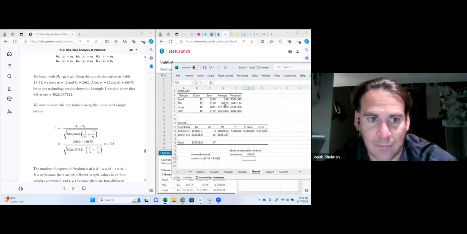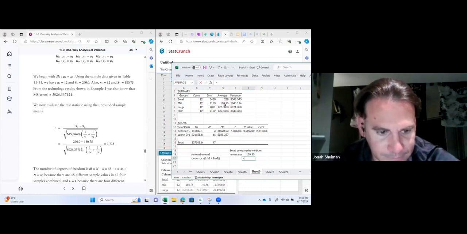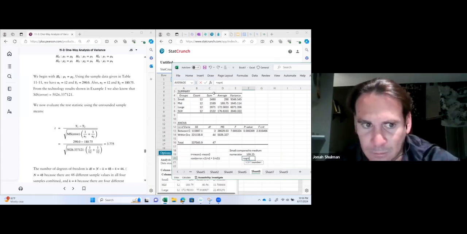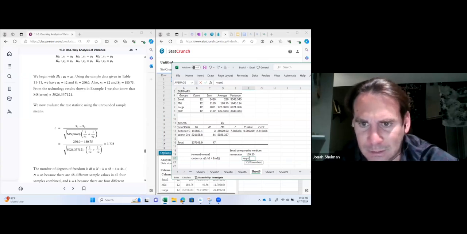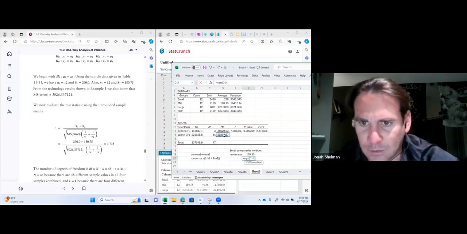That's the top. The bottom is equal to what? So it's the square root of what number? Well, it's the mean standard error, which we have here. Then I need another parentheses.